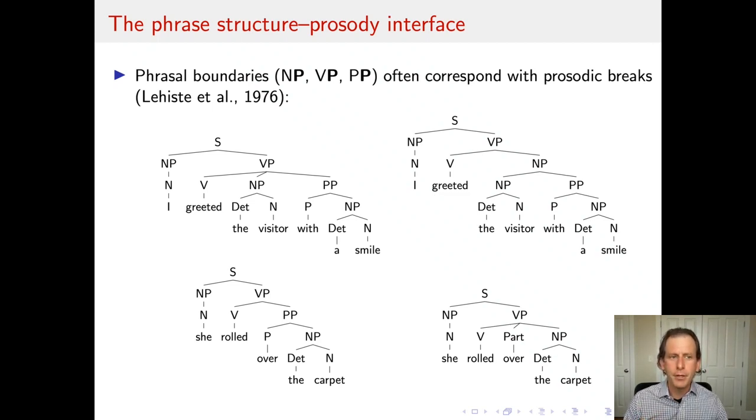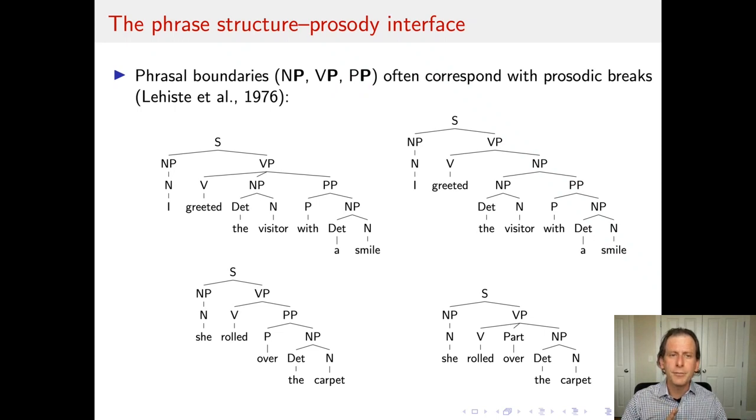Empirically, it turns out that phrasal boundaries, so this P, by convention, we often use this P to indicate the phrasal status of a non-terminal category, these phrasal boundaries often correspond with prosodic breaks, especially when they're high in a verb phrase.